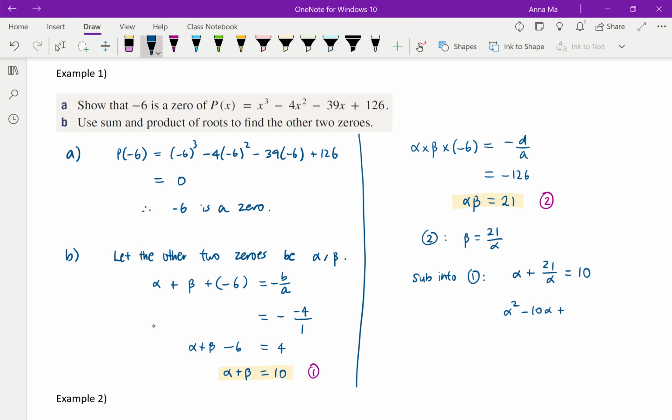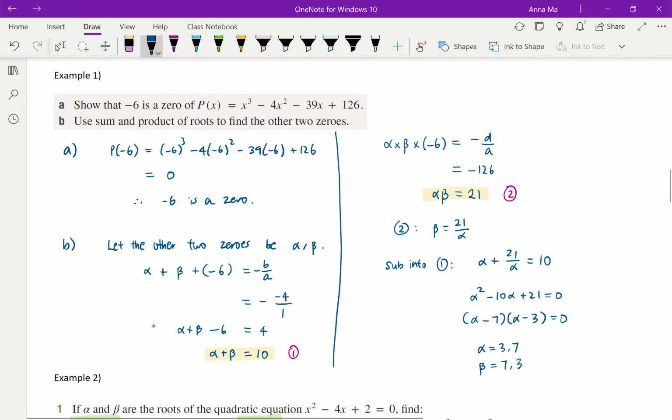Solve the quadratic. This one's easy to factorize. So I get 2 solutions for alpha, but if you actually sub that into equation number 2, you'll see that beta is 7 and 3, and they're just reflections of each other. So it doesn't matter what's alpha and what's beta. I know that the 2 zeros are meant to be 3 and 7.